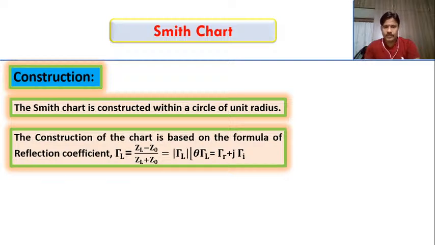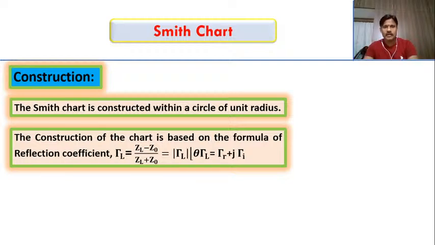Before this slide, in almost all the slides, we have seen gamma L for short circuited, open circuited and matched lines. In the numerator, we subtract the characteristic impedance from the load impedance. In the denominator, we add the characteristic impedance to the load impedance, right.